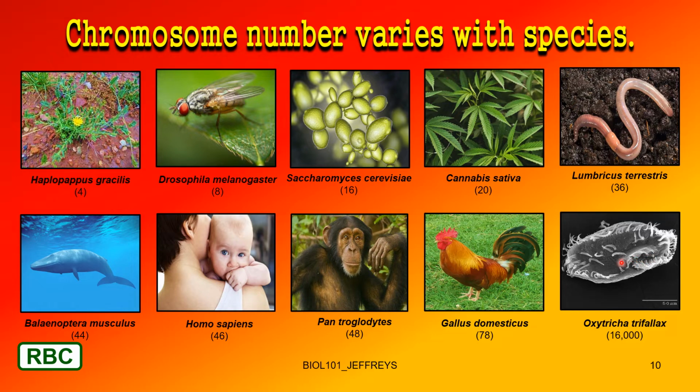This is kind of like a paramecium. It's eukaryotic. 16,000 chromosomes. How does that happen? This unicellular, very simple organism that doesn't have a brain has 16,000 chromosomes, and the most complicated advanced species on the planet, Homo sapiens, has only 46. How does that happen?